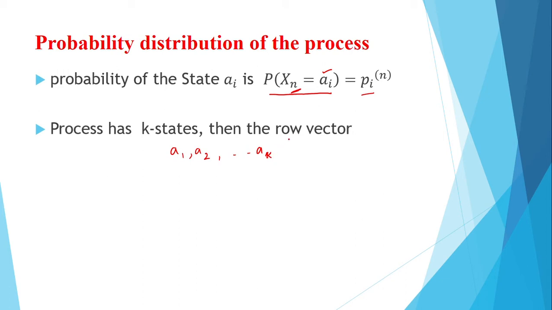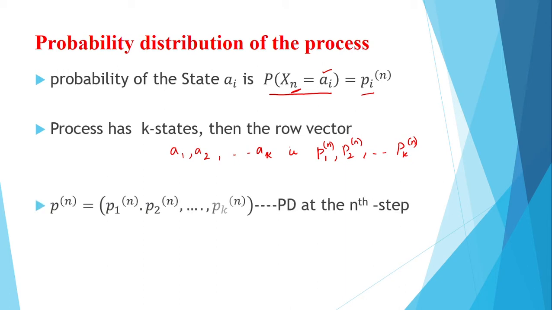Then the row vector which contains the probability of each state at the nth step, that is, P1 of n, P2 of n, etc., Pk of n, is called the probability distribution of the process at the nth step.